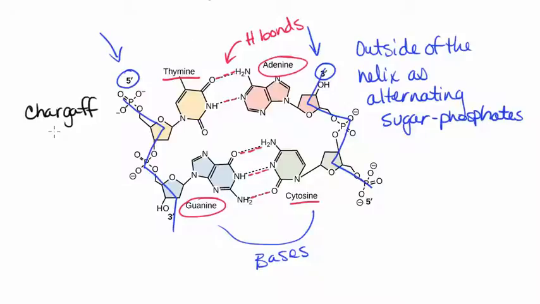And so Chargaff's Rules basically stated that the percent of adenine, or A, that you find within a species is going to be equal to the percent of thymine. And he also said that the percent of guanine is always going to be equal to the percent of cytosine there. Now, at the time, he didn't really know the reason for that. He just knew that those rules always held true if you were looking at the composition or the percentage of the bases in a particular organism.